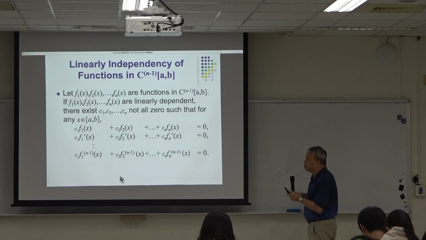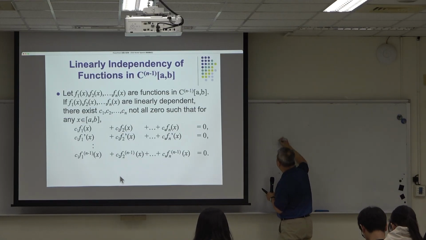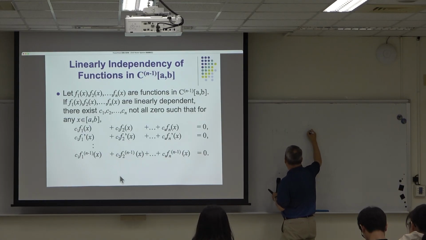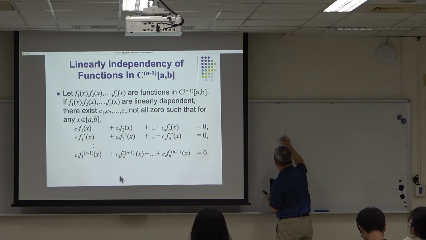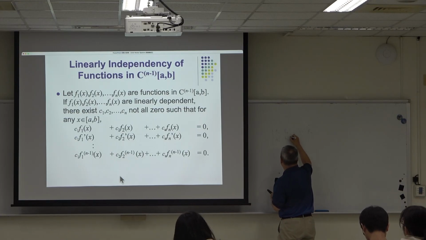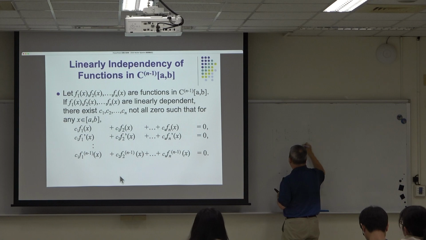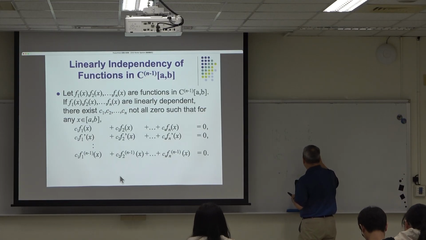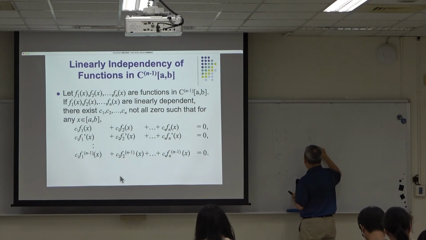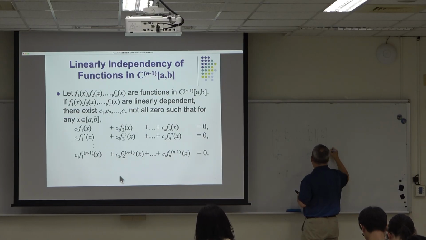If you write it in matrix form, then it's like f1, f2, fn, f1 prime, f2 prime, fn prime, up to f1^(n-1), fn^(n-1), times c1, c2, cn, equal to 0, right?